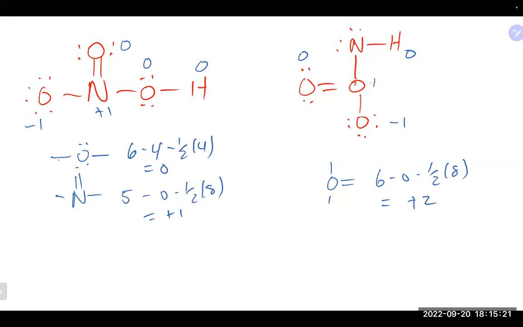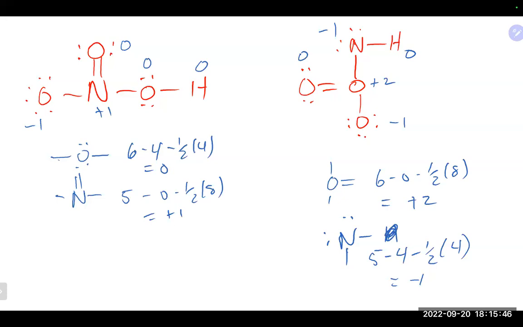There we go. So give us a +2 in that case. And then for our nitrogen, something like that would be 5 minus 4 minus 1/2 of 4 gives us 5 minus 4, which is 1. And 1 minus 2 is going to give us -1 in this case.